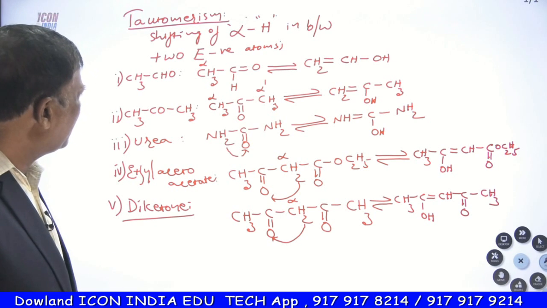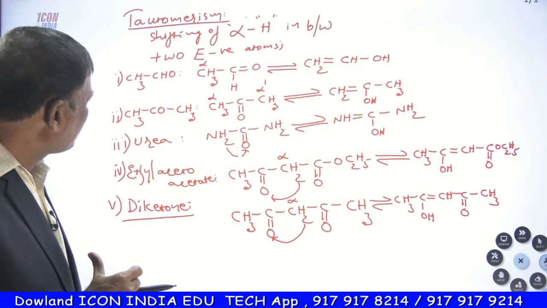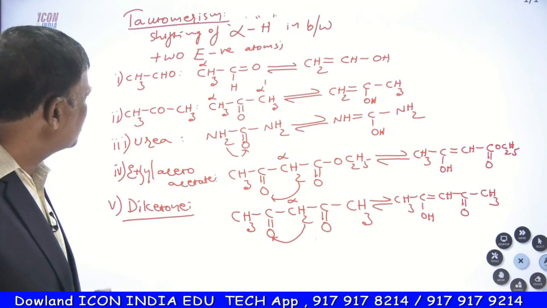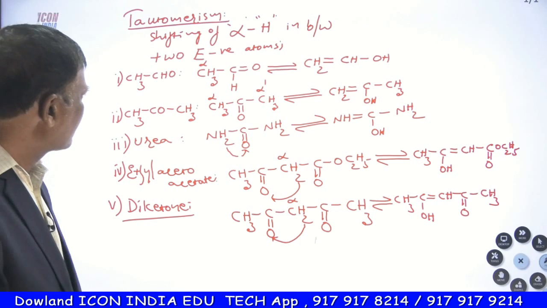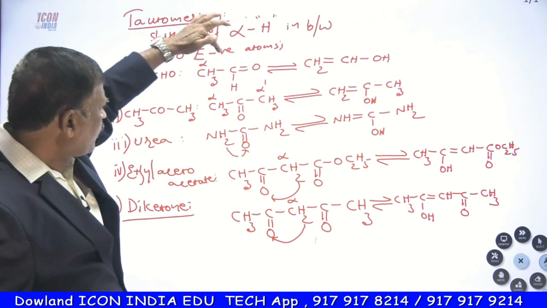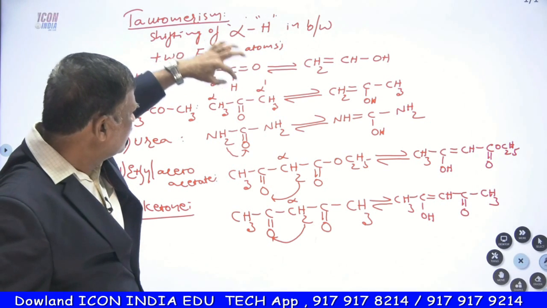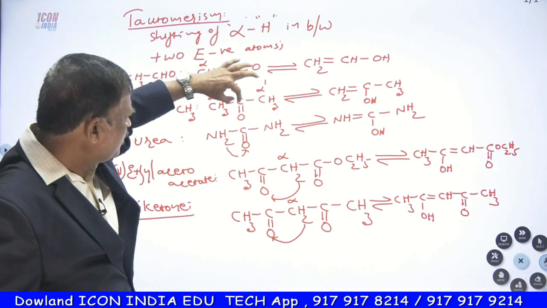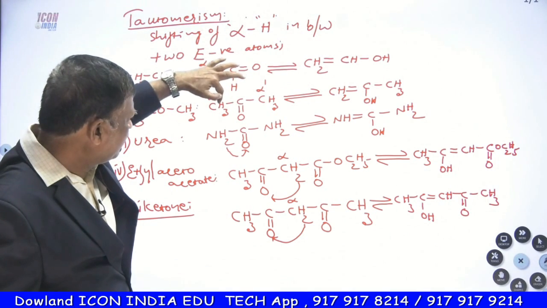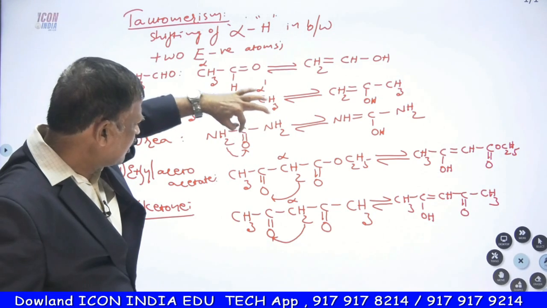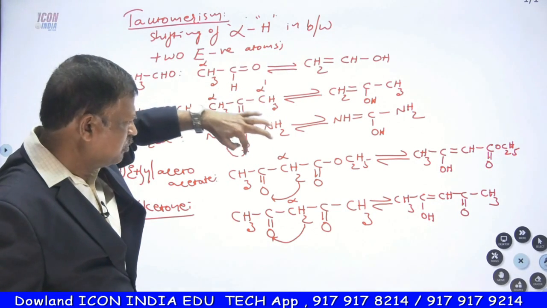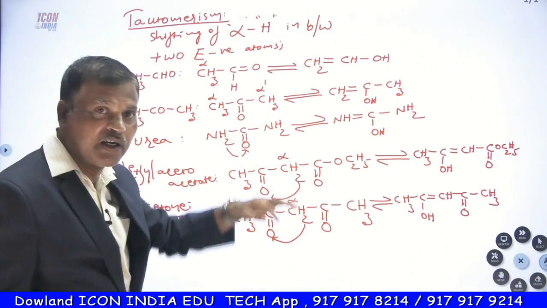What is the parameter? Here in all, besides the carbonyl group there is an alpha hydrogen.